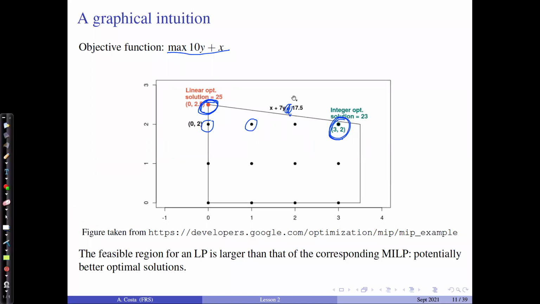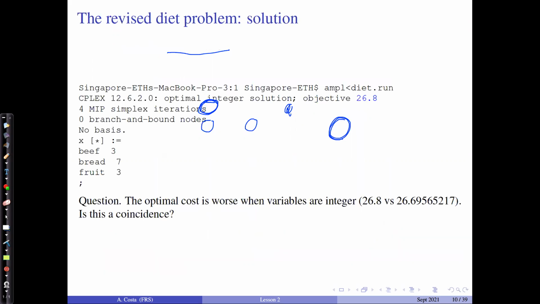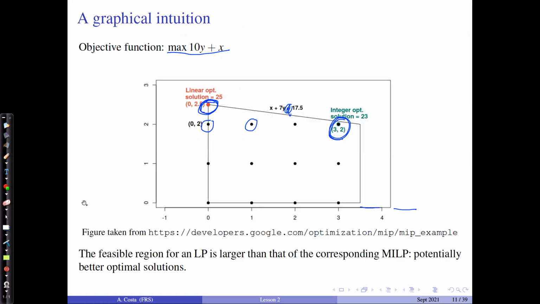So some people may say, hey, if I have an integer problem, what happens if I remove the integrality constraint and I solve the linear relaxation? That's how it is called. Well, sometimes the solution is very close, like you see here is 0.1 difference, but sometimes you can find really, really different solutions with objective function values that are quite different.